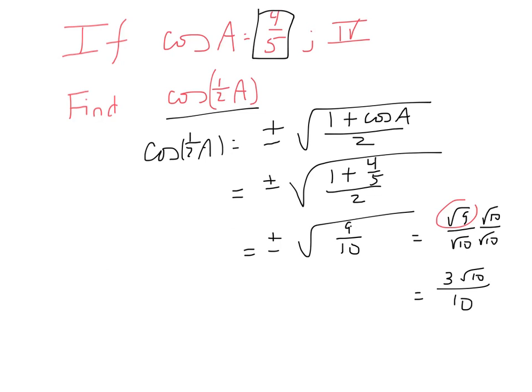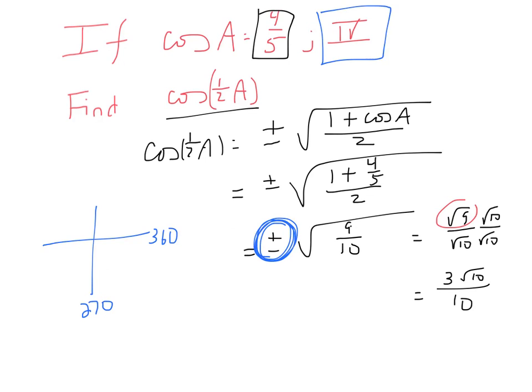Now what I have to deal with is this plus and minus and where that comes in. Here's the thing you need to realize. The original angle was in quadrant 4, so I need to figure out where its half angle will fall. When you take an angle in quadrant 4, somewhere between 270 and 360, and cut it in half, the half angles fall between 135 and 180.